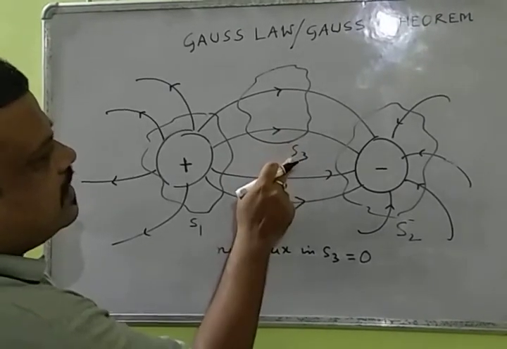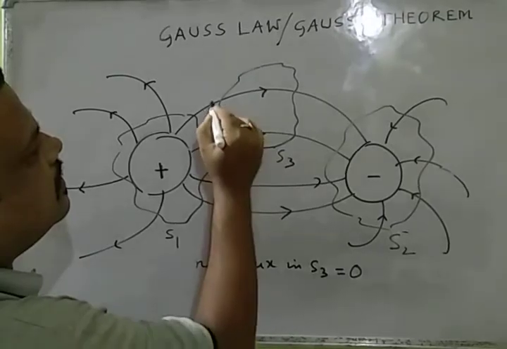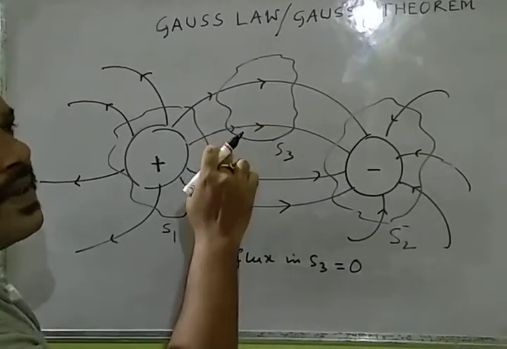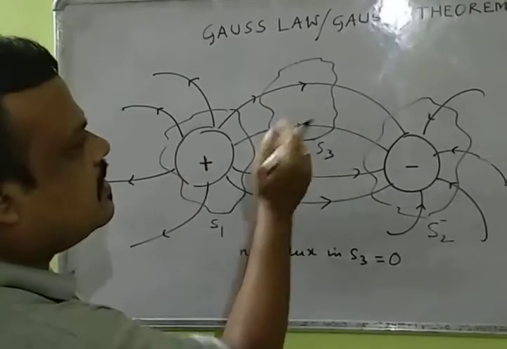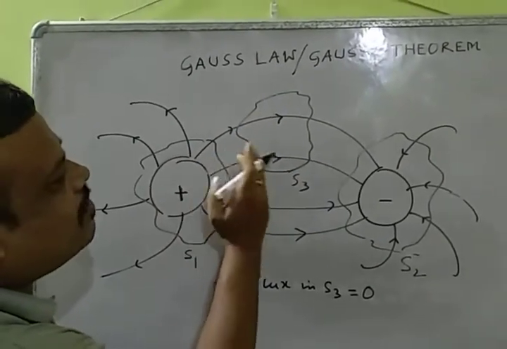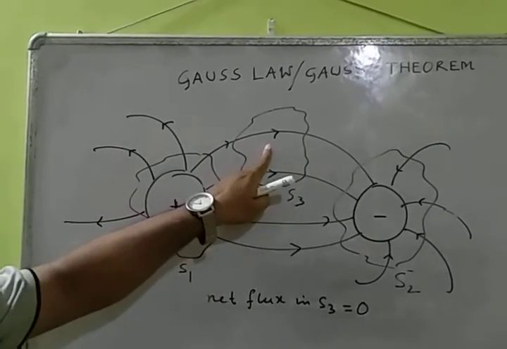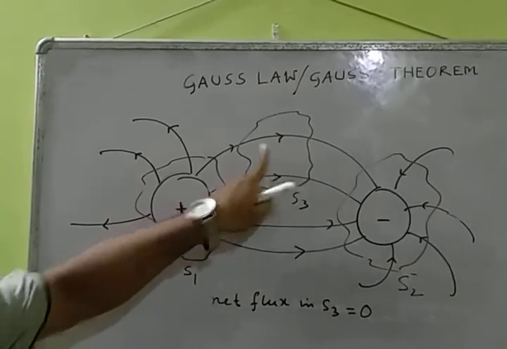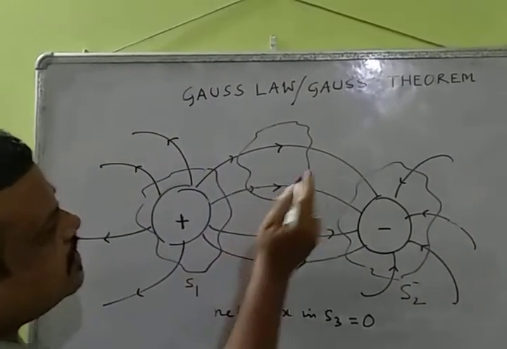You see, flux is represented by field lines. If field lines are coming in, that means this is flux. The flux will be produced by the incoming of field lines like this. So this is flux in the inward direction because the field lines are entering S3.